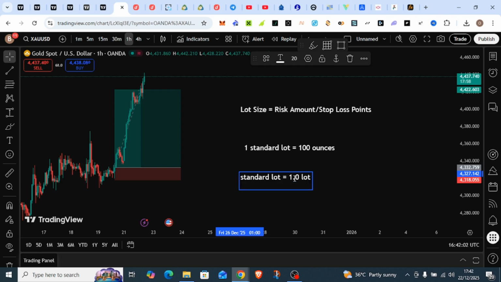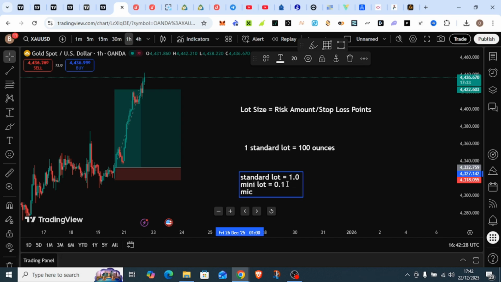The next one we have is mini lot. Mini lot is equal to 0.1. Standard lot 1.0. Let me make it simpler.